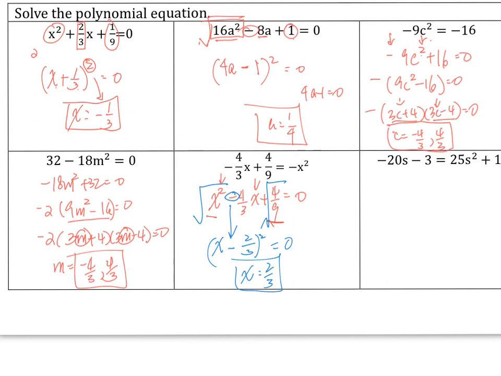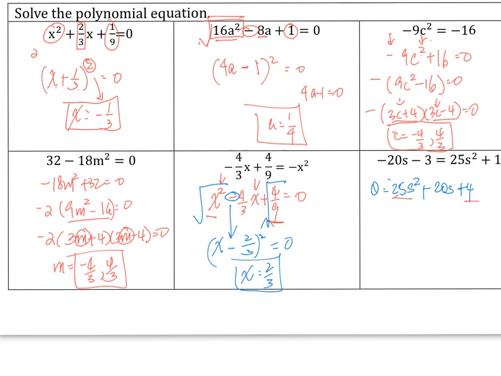Okay, and the next one, I would again have to rewrite the entire polynomial in terms of 0, with the powers in decreasing order so that I can factor. Okay, and first of all, I see that here I have a perfect square trinomial, 25s squared and positive 4.